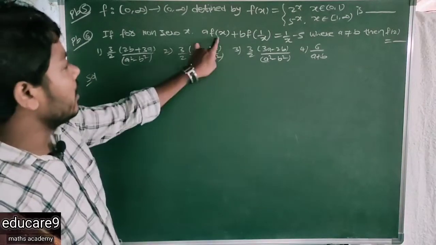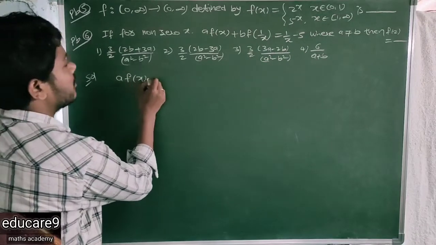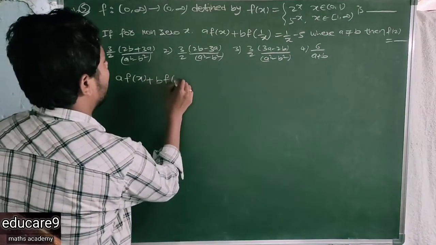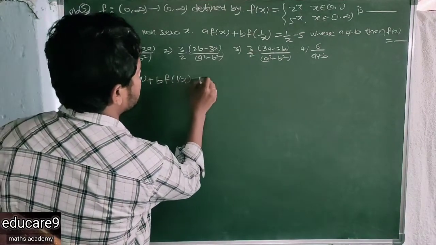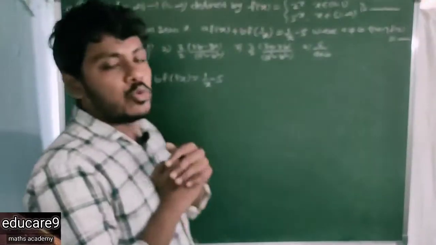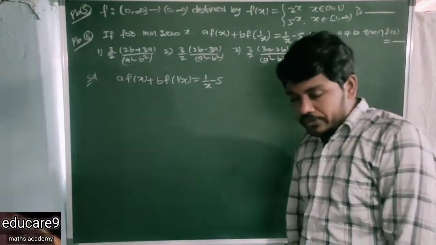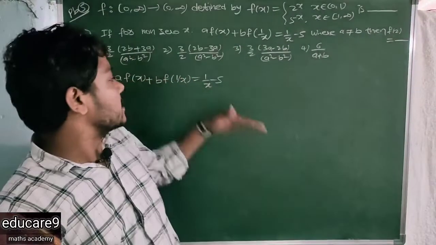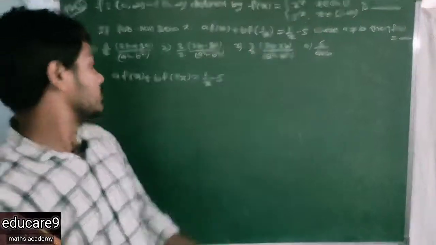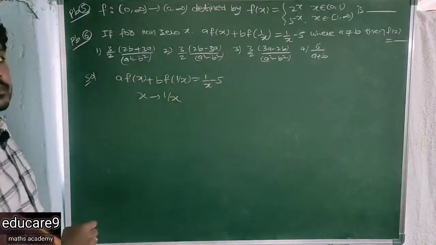So here given a·f(x) + b·f(1/x) is equal to 1/x − 5. From this you want to find the f(x) value. See here, for that replace x by 1/x.